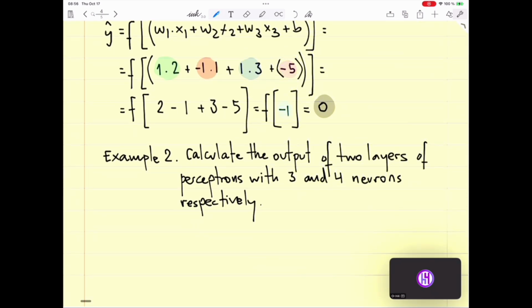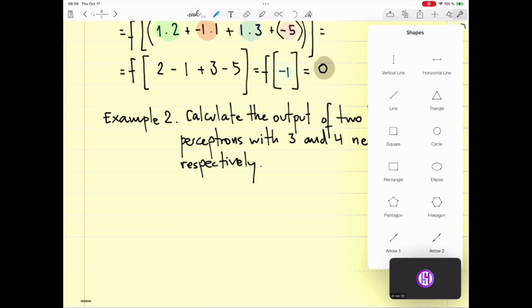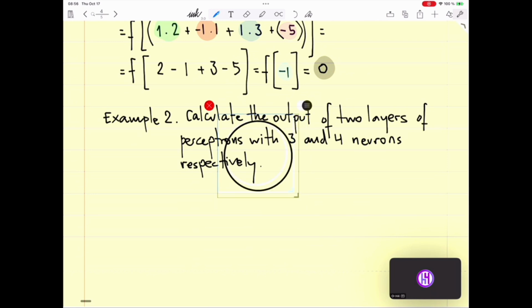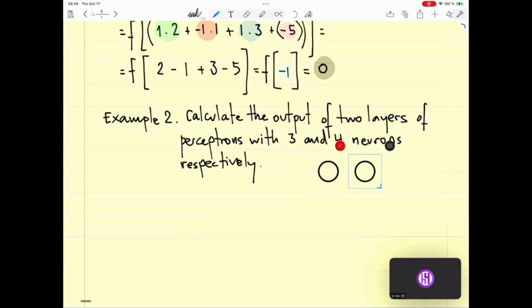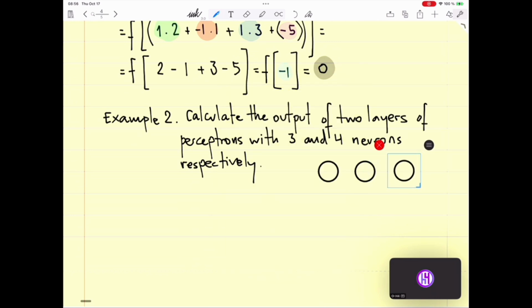So let's make a picture. I always believe that if people see things in pictures, they understand them better. Let's take the first layer with 3 neurons.